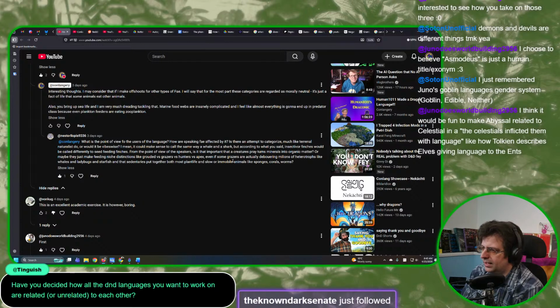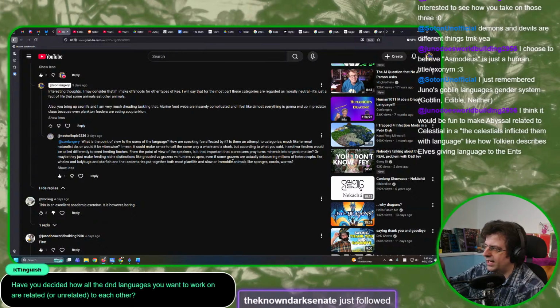This is really hard to do in conlanging, but what I imagine is that the abyssal language is actually hundreds and hundreds of different variants that are always competing, and you end up with this gestalt of forms from this variety and that variety and that variety, and it ends up looking like kind of a mess. Whereas celestial will be very, very regular, which is much easier to do. Celestial is going to be super regular and super strict, and then infernal is going to be in between.